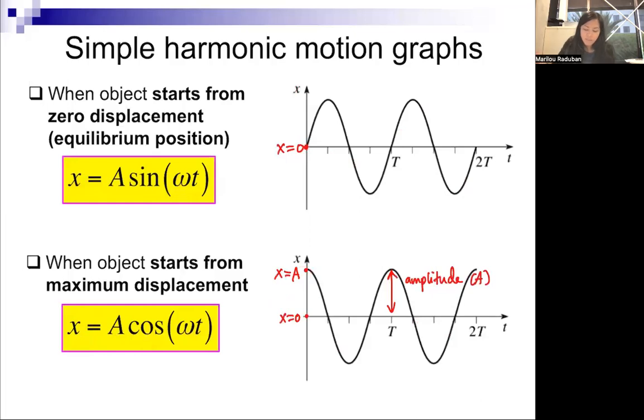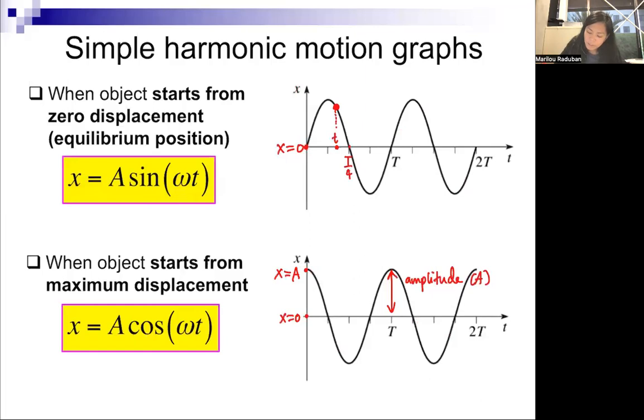Okay. Right. So say an example is, for example, you wanted to find a time. So this is 1 period. So this is half a period. Say, for example, at this particular time t, you wanted to find where the object is located in this graph. That particular time t is here. Okay.